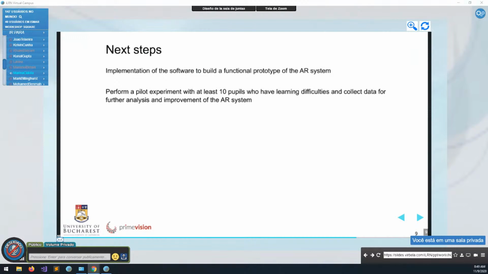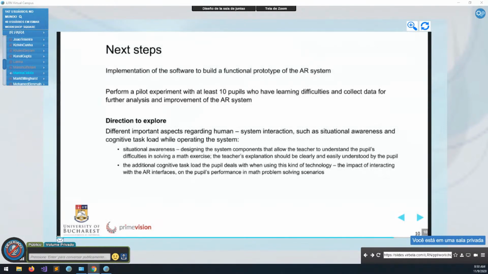Another thing that we consider now is to see what is the additional cognitive task load for the pupil, especially when he has to deal with such a system.